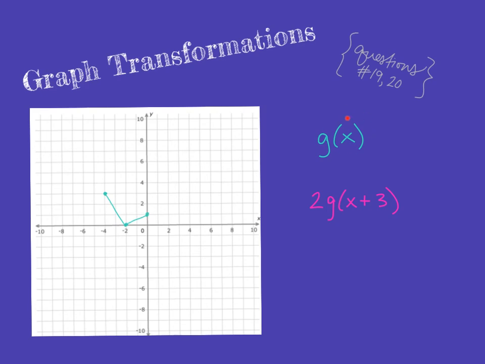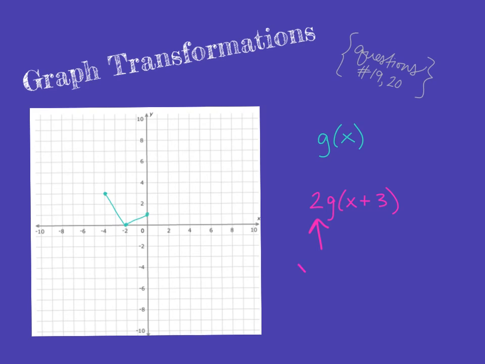So our original is g of x, right here. And then we want to transform g by doing two things. The first thing that we're going to do is this vertical stretch here. Because it's out front, it affects the y.